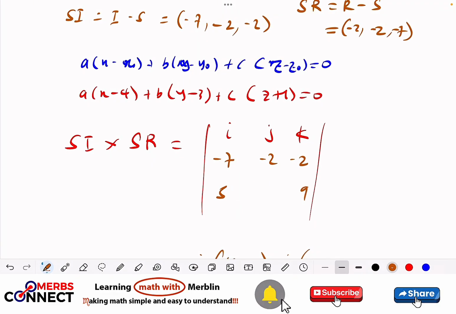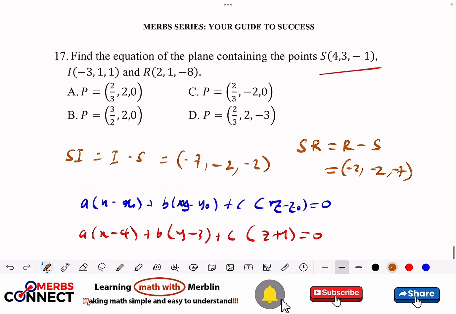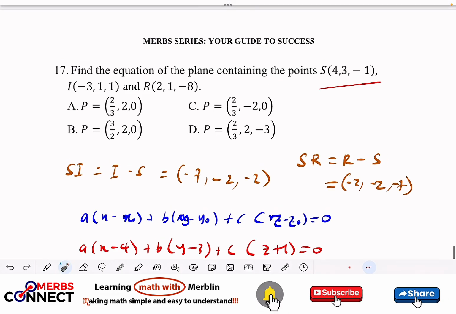So this one should be minus 2, minus 2, minus 7. Okay, and then let me check the last one. This one too is IR. So this is going to be something like this. This minus this will be minus 7. This minus this, and this minus this. This one should be 2.